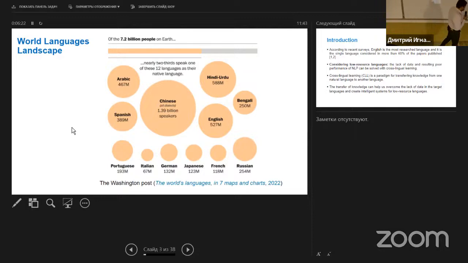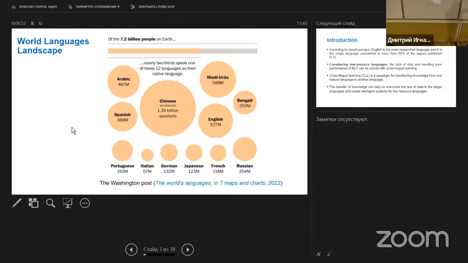Considering the Chinese language and all of its dialects, you can see this language dominates as far as the native speakers are concerned. And you can see the number of speakers of English, also Russian, Bengali, and especially Hindi and Urdu. Both languages are combined, and you can see the number of speakers.